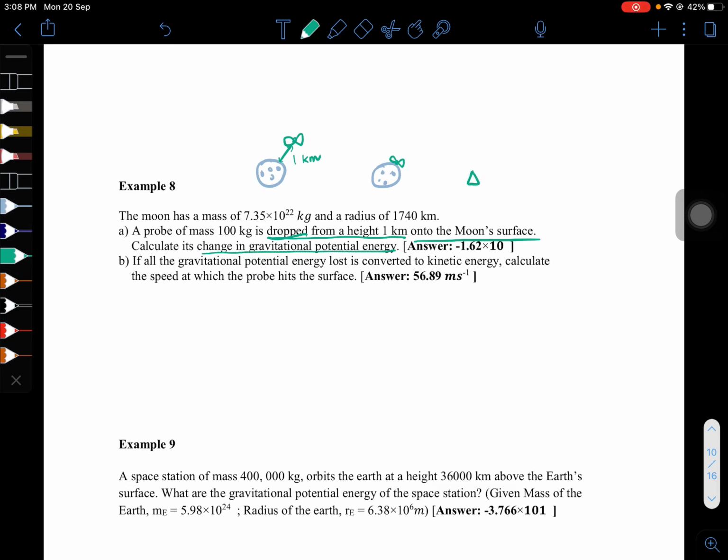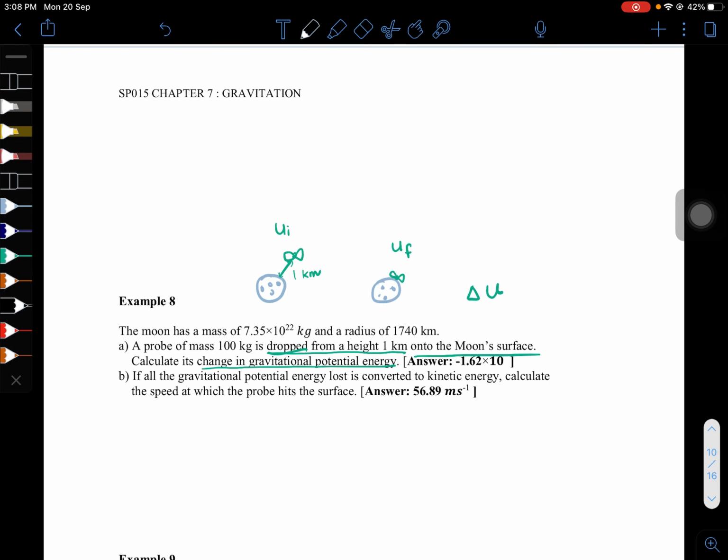Change means delta, and then change in U. So we have U initial and then we have U final. So we will calculate separately. So let's try to calculate it separately. So U initial, the formula is negative GMm over R. So this one will be negative 6.67.